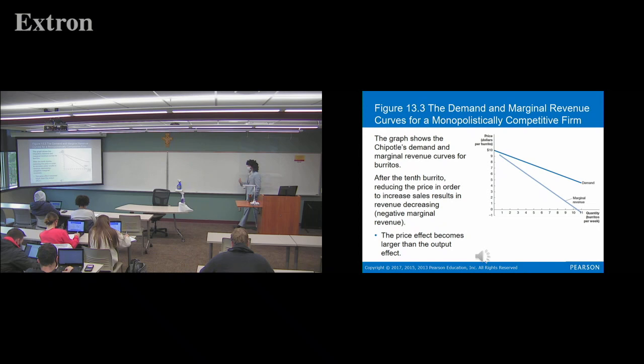At that point, the price effect becomes larger than the output effect. So they begin losing money overall if they begin lowering price, even though they're selling more. So again, this is something that monopolistically competitive firms, so most firms out there in industry, are going to have to consider. They're going to have to remember this when they're thinking about lowering or raising prices.